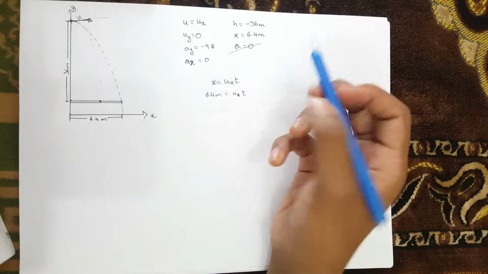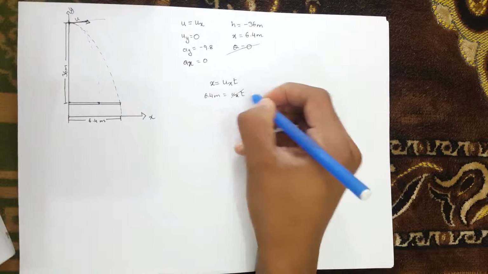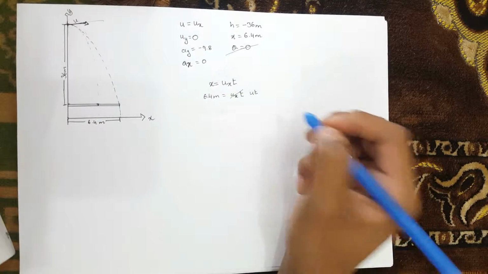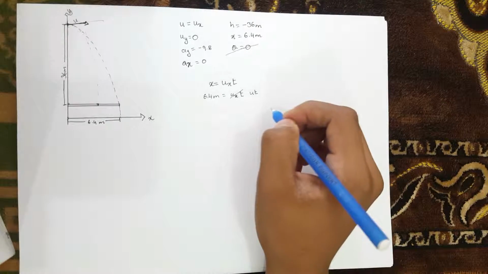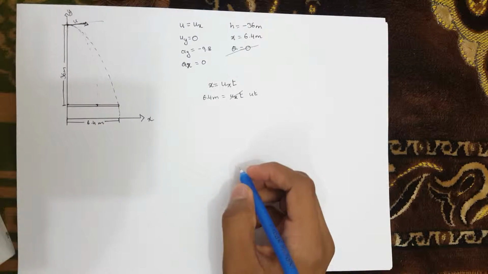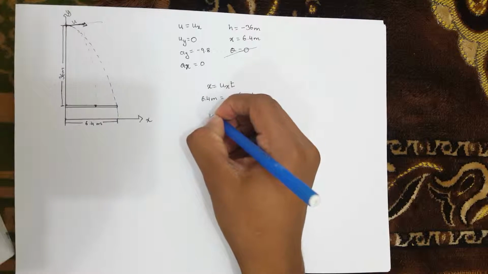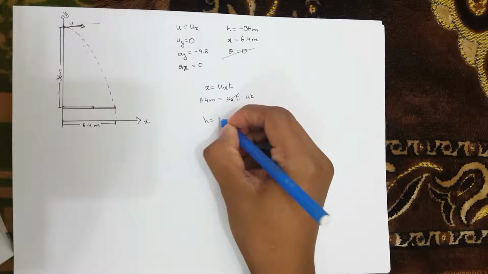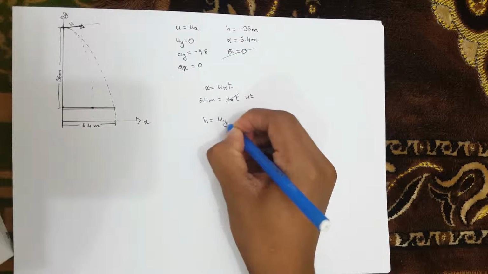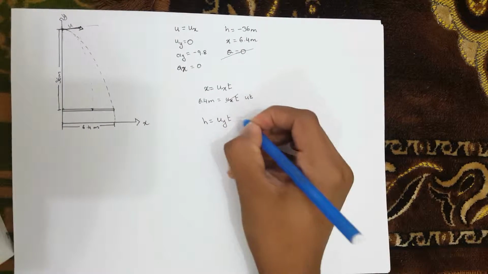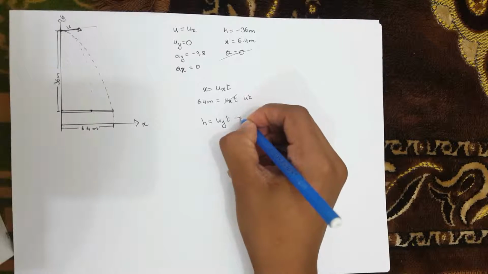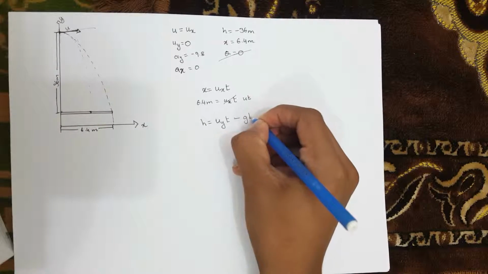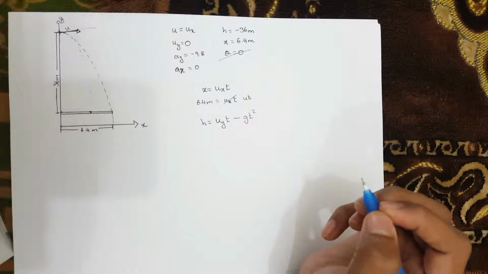Ux is basically our initial speed, so instead of ux I'll just write ut. Now we don't know these values, so we use the formula of height. What I'm going to write is h equals uy t minus gt square.